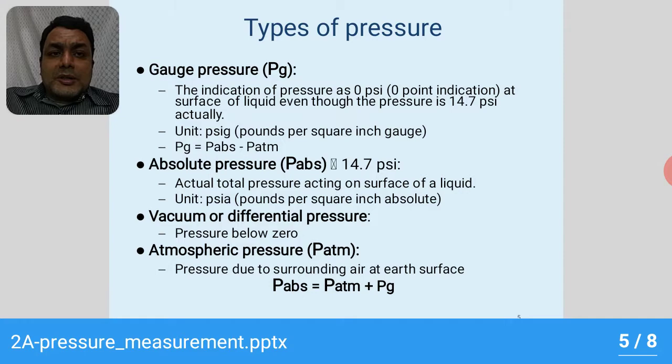Again, we have the gauge pressure, the indication of pressure as 0 psi at the surface of a liquid, even though the pressure is 14.7 psi. This is called the gauge pressure. Again, we have absolute pressure, that is the actual total pressure acting on the surface of a liquid. We have the differential pressure, that is the difference of two pressures. One is taken as the measuring pressure and the other is taken as the reference pressure.